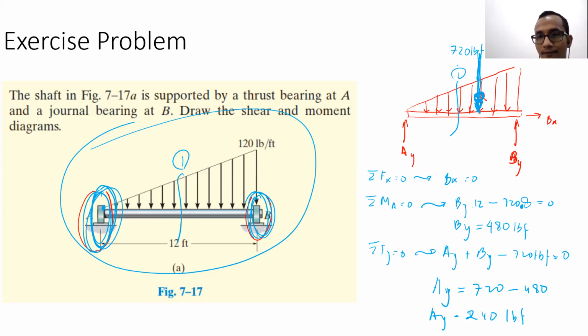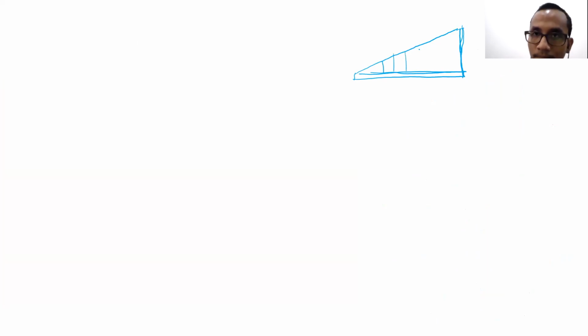Now these are the results. We have P1 480 and Ay 240. So this is my free body diagram, a triangle.